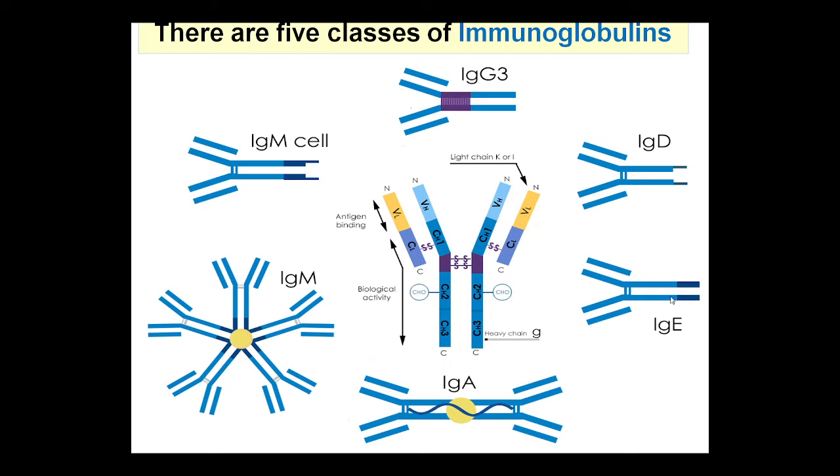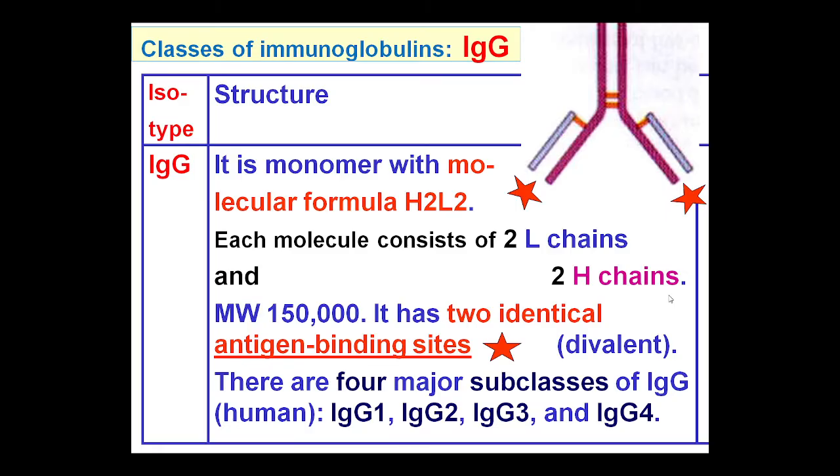And immunoglobulin E may cause very destructive inflammatory reactions that develop in the process of hypersensitivity or allergy reactions. Well, this is a brief review, and now let's characterize these immunoglobulins in more detail.